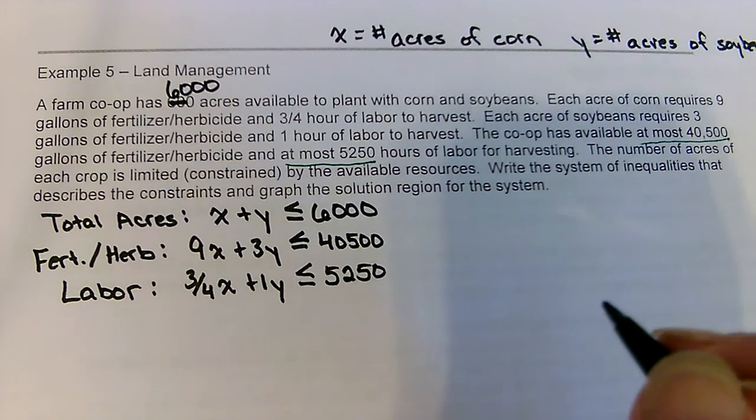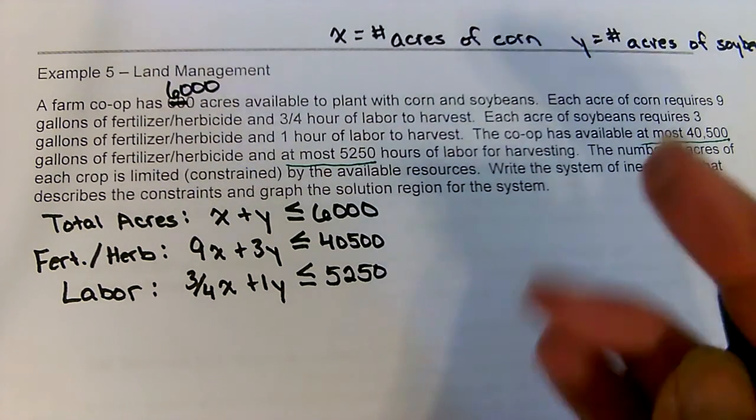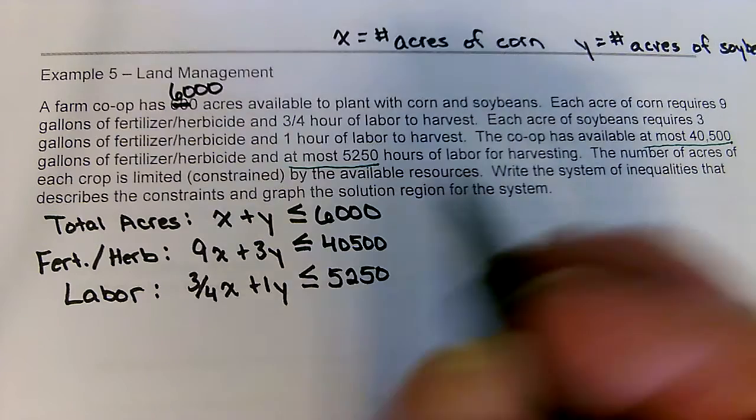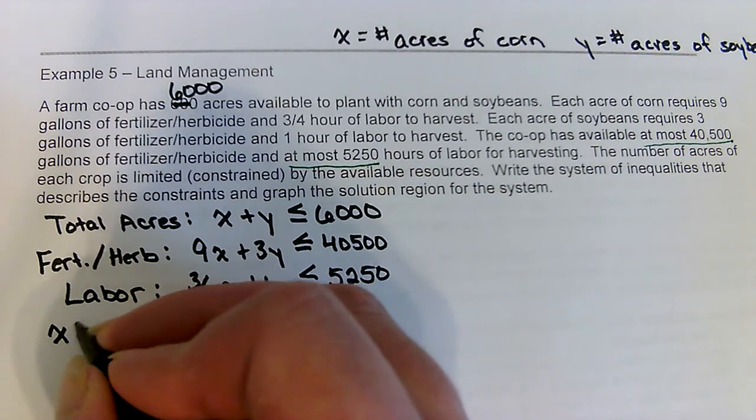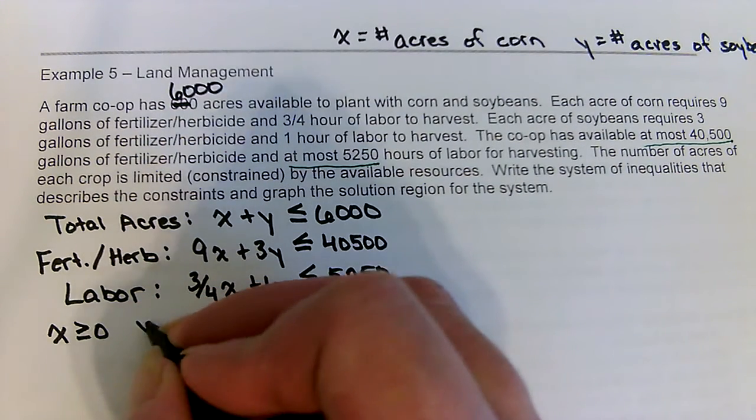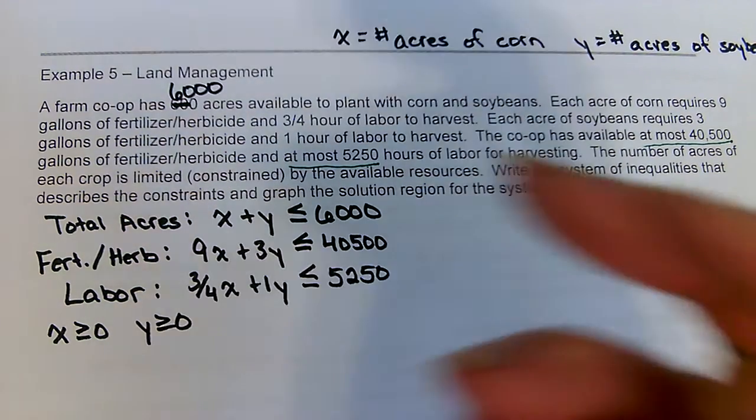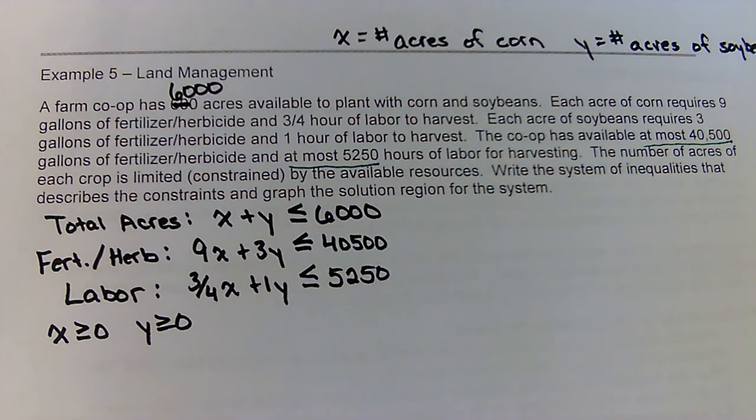Now, something else that has to be true is, this is real life, these are numbers of acres, they're not going to be negative, so X is greater than or equal to 0, and so is Y. So we know we're going to be in quadrant 1, right?